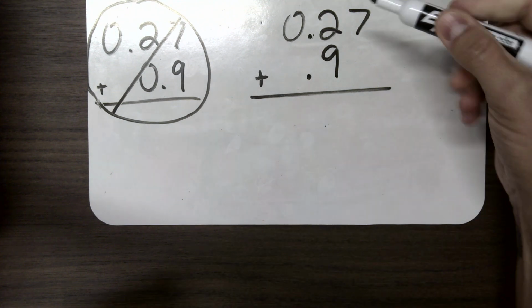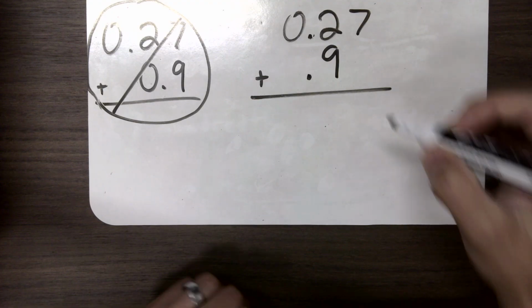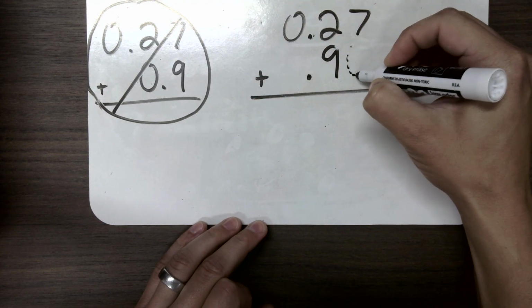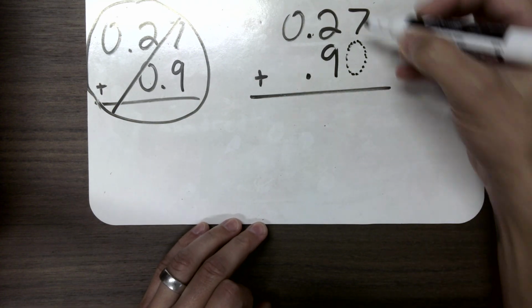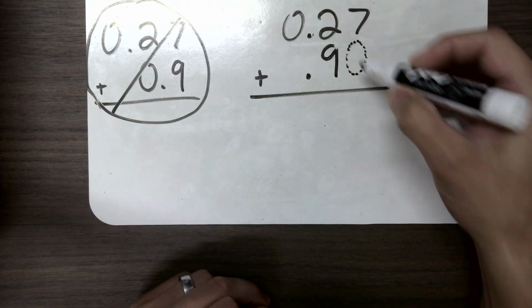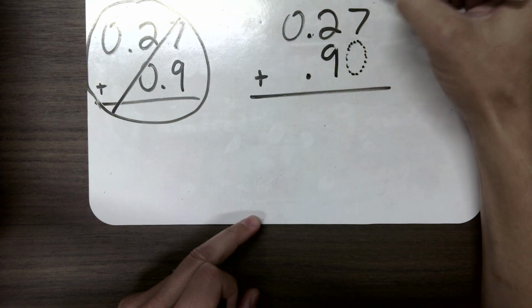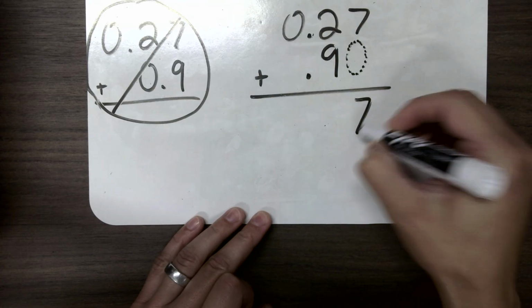Then we just move through the algorithm in the exact same way. Sometimes we'll put zeros in here if students need that to be a little more clear. If you want, you can put a 0 in there. I'm just going to put a dotted one. That's just so students might recognize that if we have 9 tenths, that means we don't have any hundredths. So 7 hundredths plus 0 hundredths will just be 7.